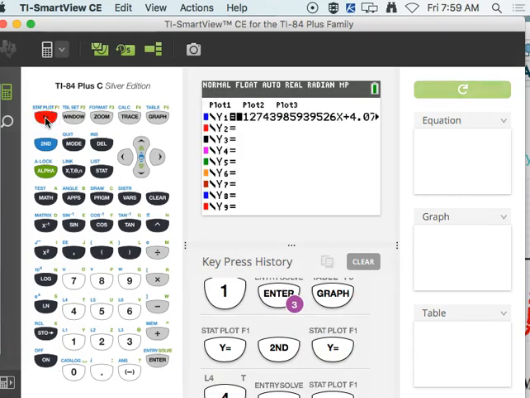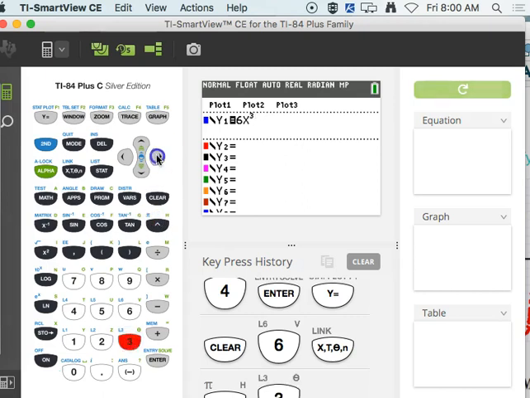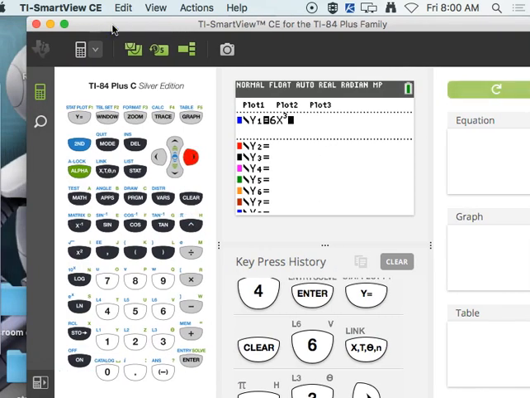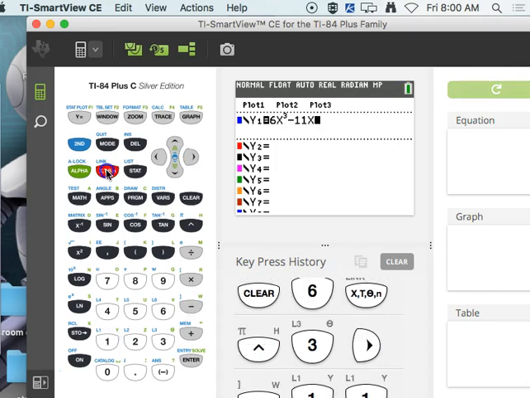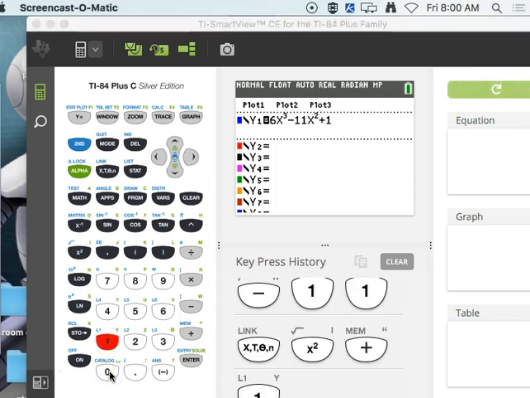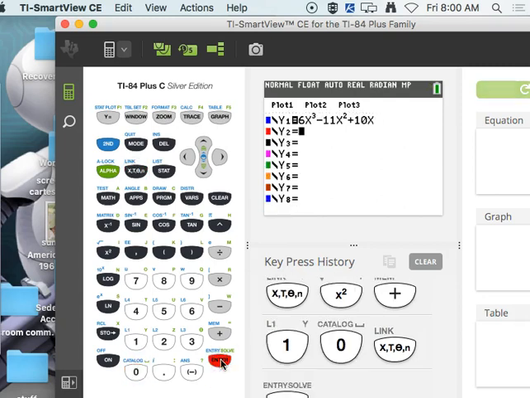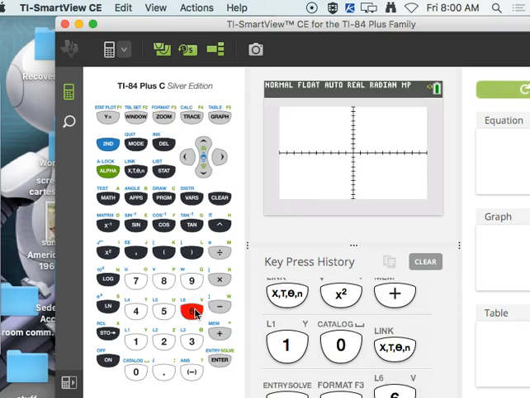We go into y equals and clear that little bugger out and put in our 6x cubed minus 11x squared and then plus 10x. And we'll zoom 6, because we're graphing from negative 10 to 10.